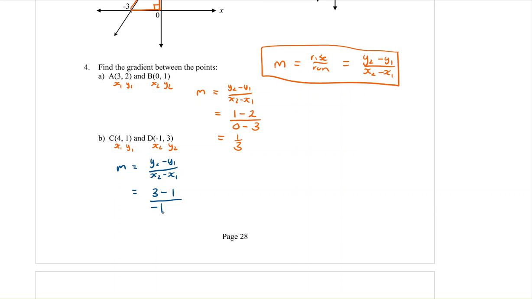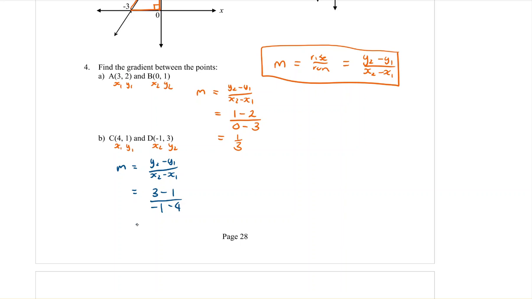So I'm using this formula, so for the first thing, the y2 is the 3. Okay, come here. So it's 3, and take away the y1, which is 1. You're getting the numbers from here. So I'm just doing the bottom now, which is x2 take x1. x2 is the minus 1, and then I want to subtract x1, which is 4. So minus 4.